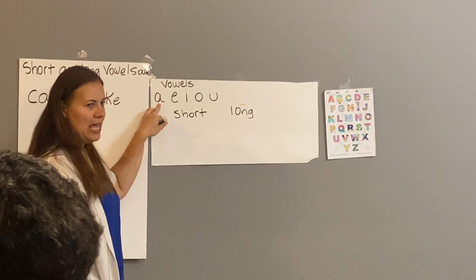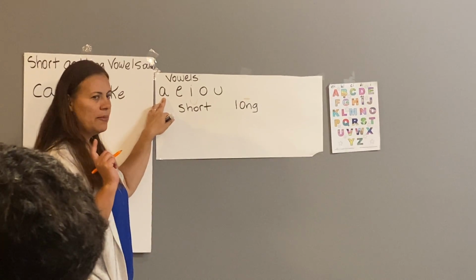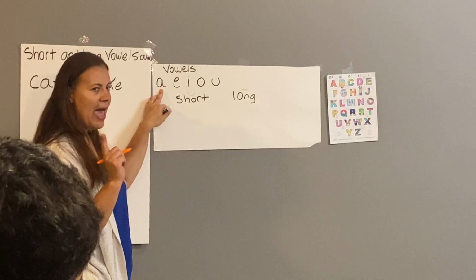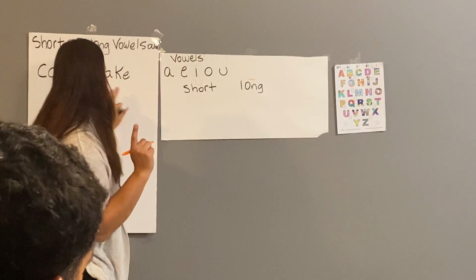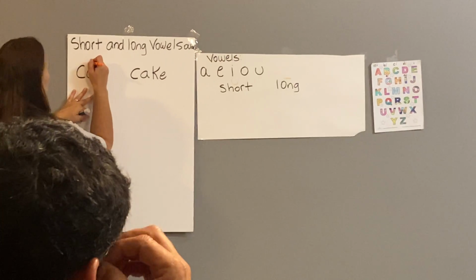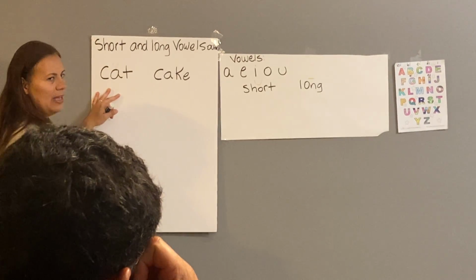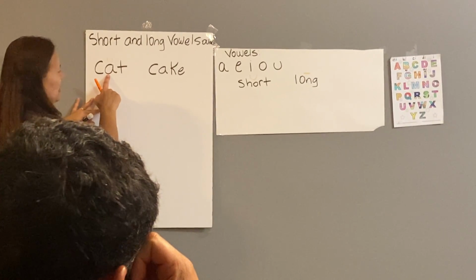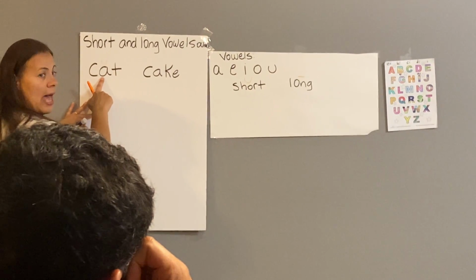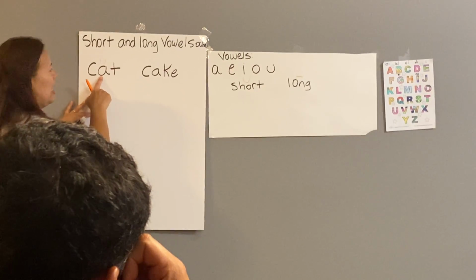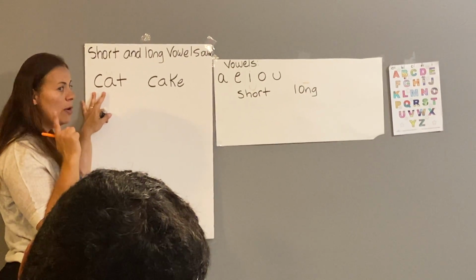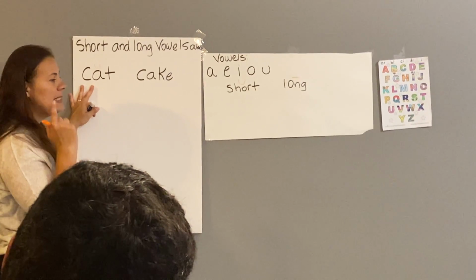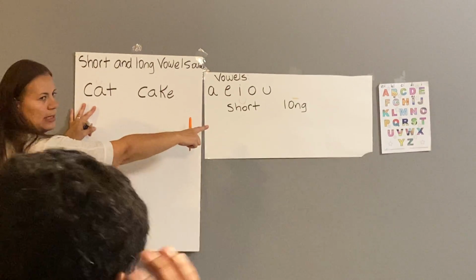For the A, the sound is going to become E. Okay, go ahead and say E. Remember, cat has only one vowel. So cat, the A sounds like E. Whenever you have a word that has only one vowel, the sound is going to be short.